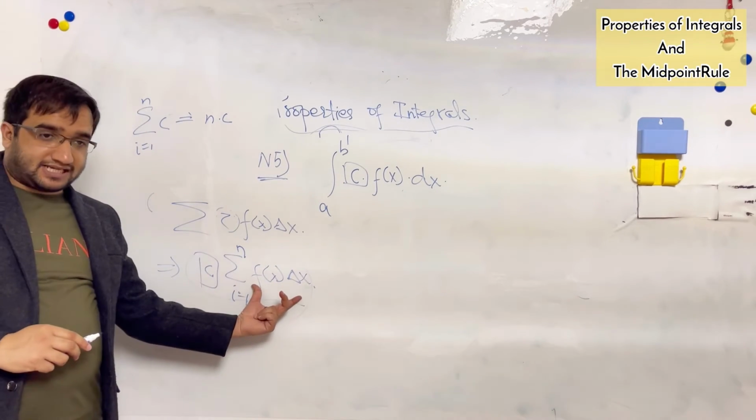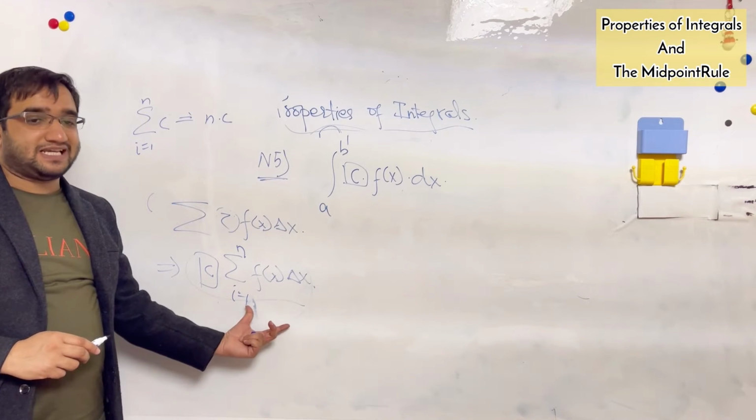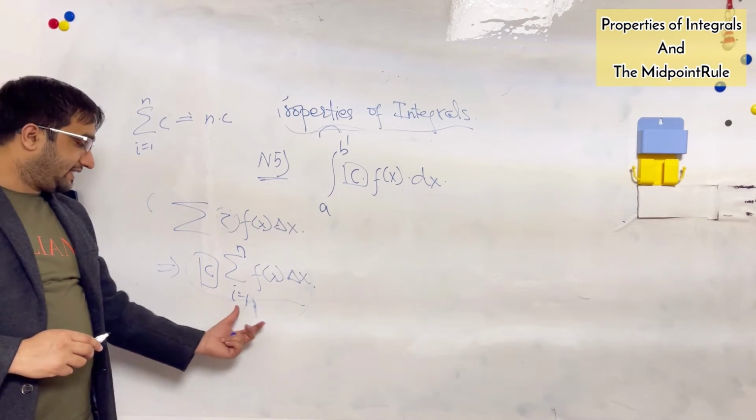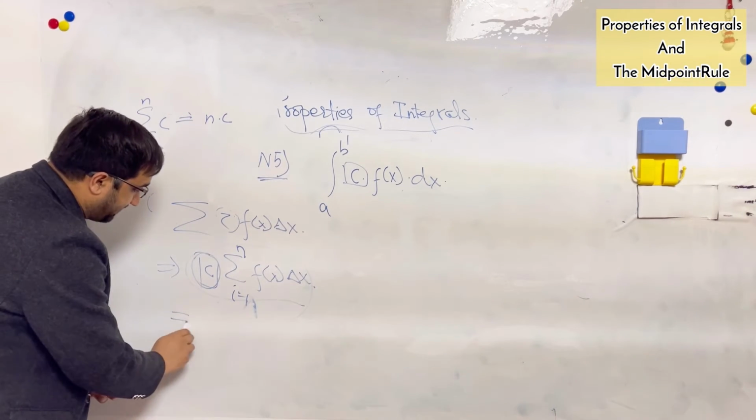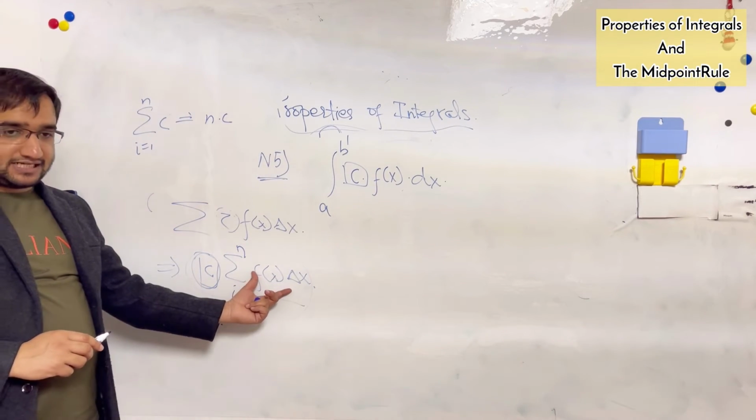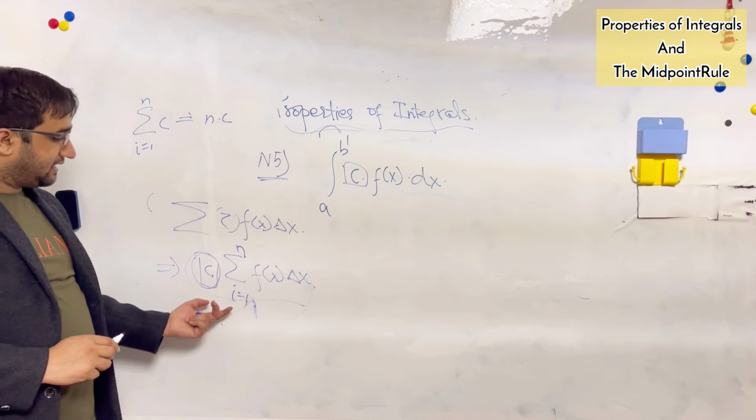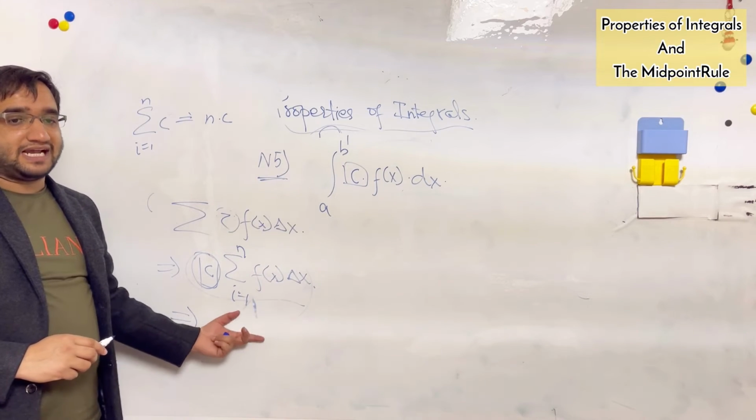And whatever the answer will be, it will always be n times of something. So n times is still coming to multiply with c. So whether you keep it inside or you take it outside, ultimately you will get something n times.